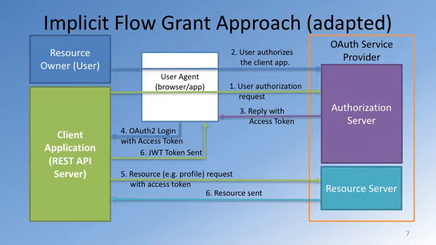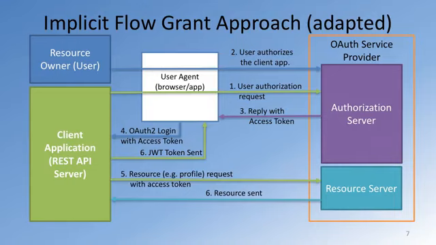In the implicit flow grant approach that we are using in our example here, and also in the exercise that follows, the implicit flow grant approach is the most suitable approach when you're implementing a web app using a framework like Angular, or a hybrid mobile app with Ionic or NativeScript, or even a native app.